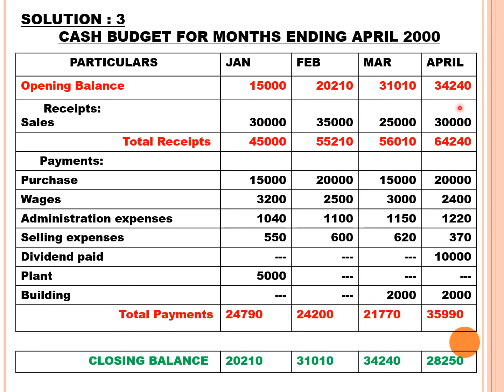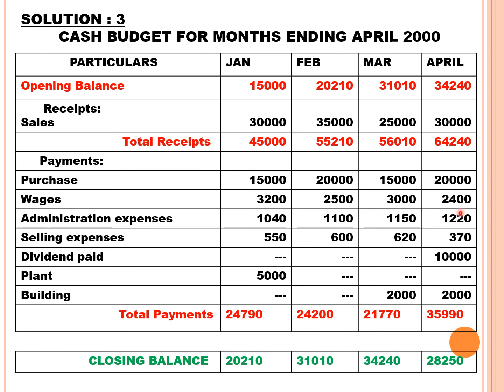Carried forward to April. Then we have a sales of 30,000. 30,000 is a sales of February. February sales will be received in April. Total receipt 64,240. February purchase you make a payment in April.